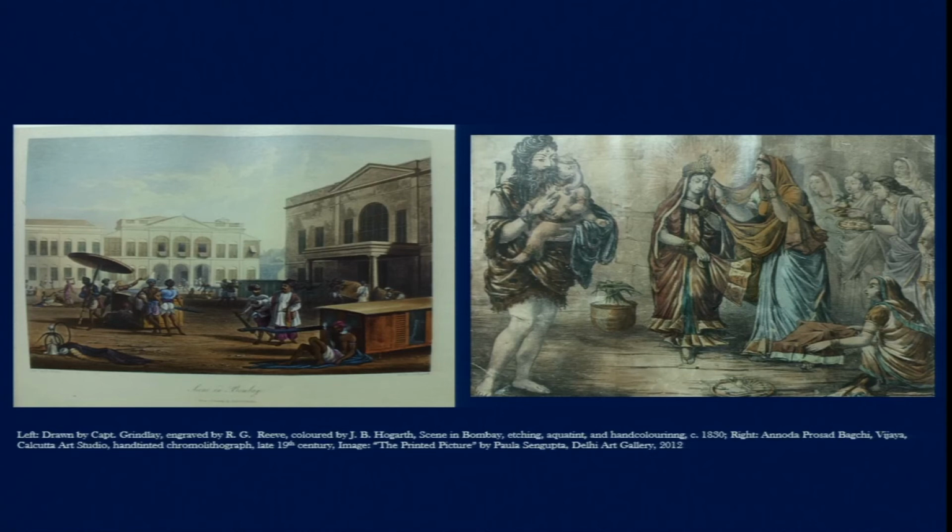So certain parts of the image are made in lithographic technique, and one can certainly imagine that the contour lines, the areas which have depth, and the colors which are much more prominent were perhaps printed in lithograph, and then the lighter tones, and the tones which are not used uniformly all over the surface, were perhaps later added by the apprentices. So that is how it has chromolithograph as well as hand coloring.